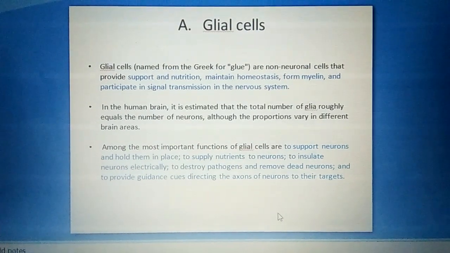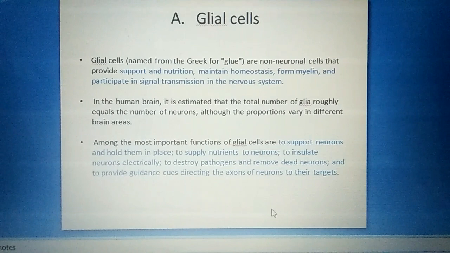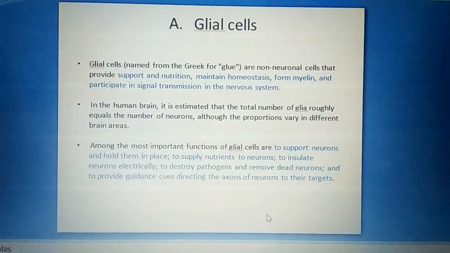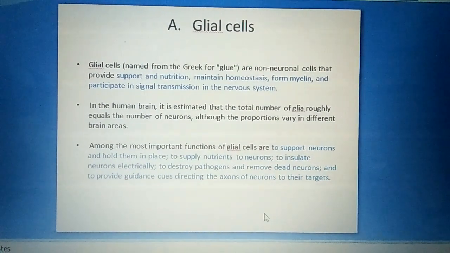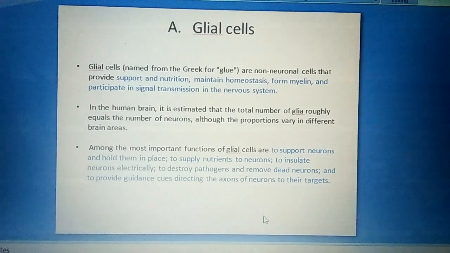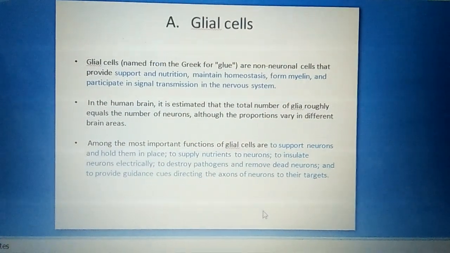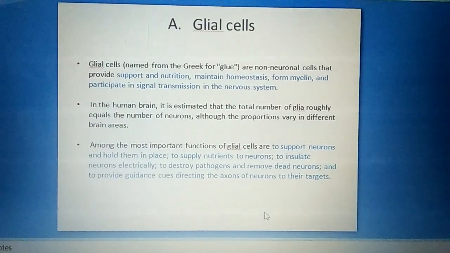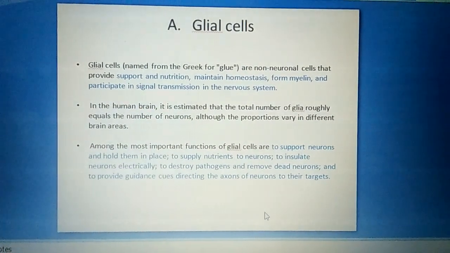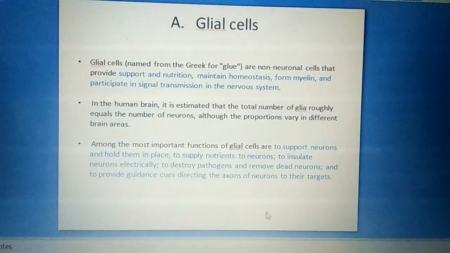Most important functions of glial cells are to support neurons and hold them in place, to supply nutrients to neurons, to isolate neurons electrically, to destroy pathogens and remove dead neurons, and to provide guidance cues directing the axons of neurons to their targets. In the human brain, it is estimated that the total number of glia roughly equals the number of neurons, although the proportions vary in different brain areas.